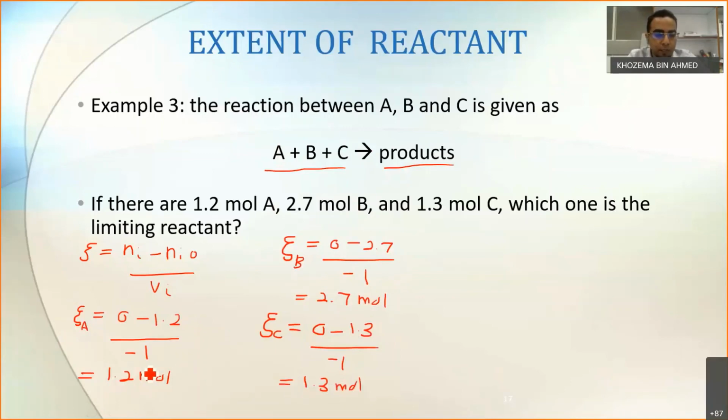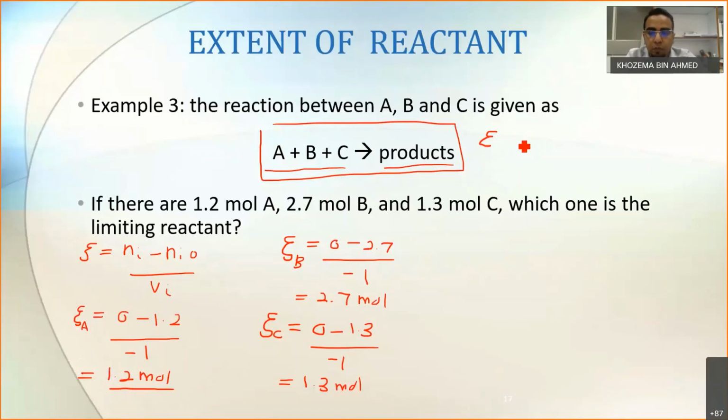If you look at here, among A, B, and C, the smallest maximum value is if I use the maximum amount of A, meaning that I have used all of A. So I get the value of 1.2. So for this reaction, the extent of reaction is equal to 1.2 mole. Why? Because extent of reaction is based on my limiting reactant.